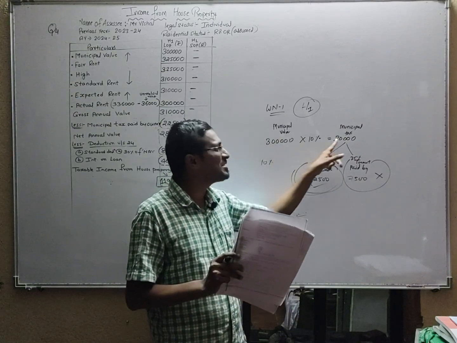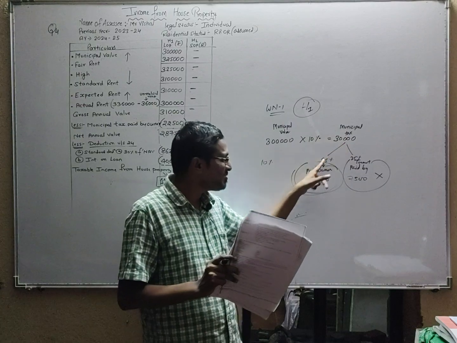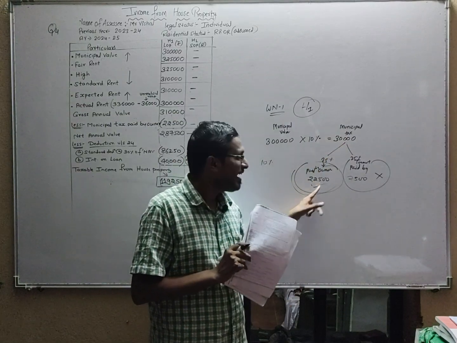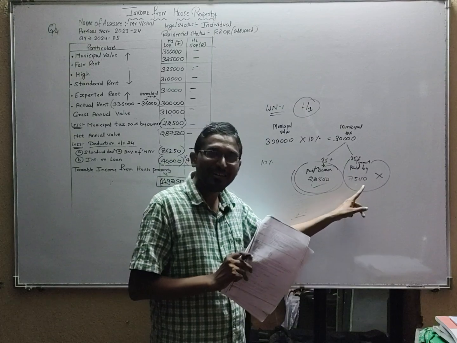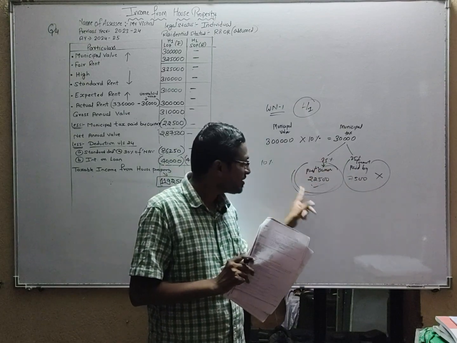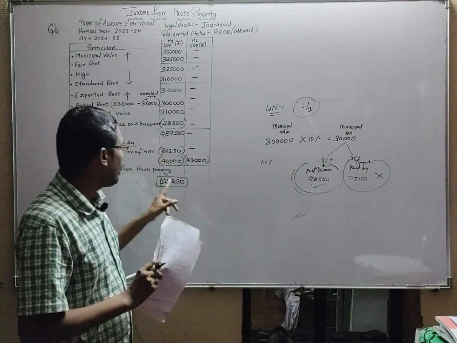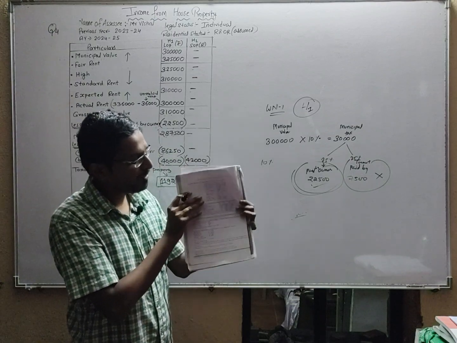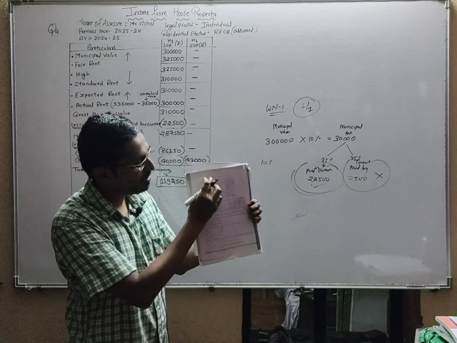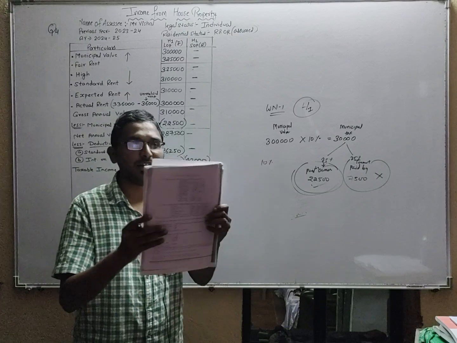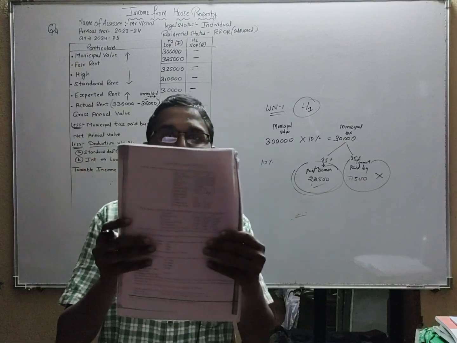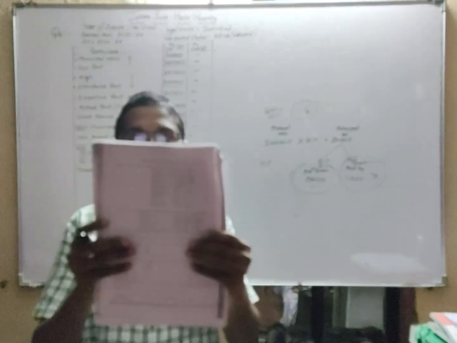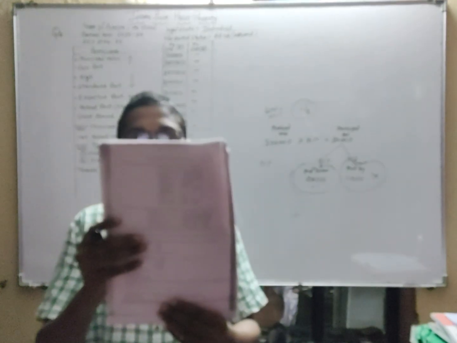Municipal tax is 10%. 30,000 ka 75% is paid by the owner and remaining 25% is paid by the tenant. So we will get deduction for only the amount paid by the owner. Understood? And see this, this question I have solved. So I will provide you a link in the description, or you can just see this question. Okay, understood?